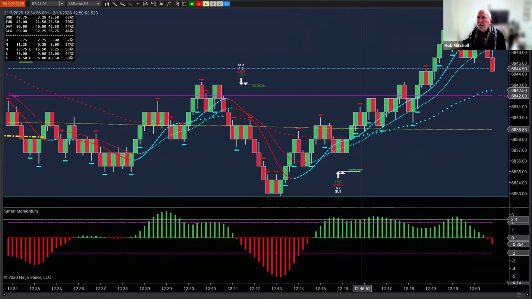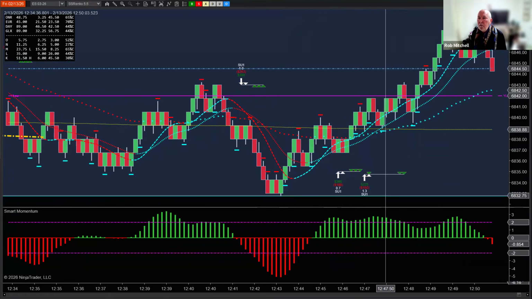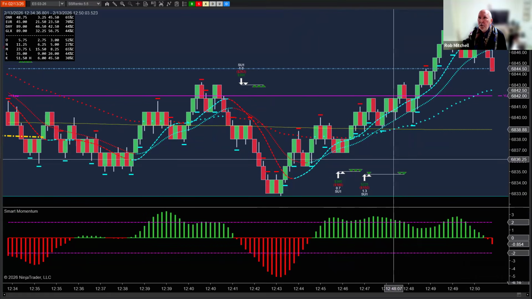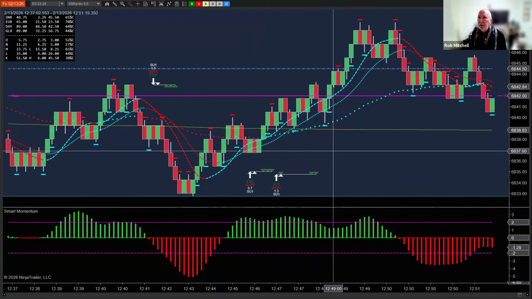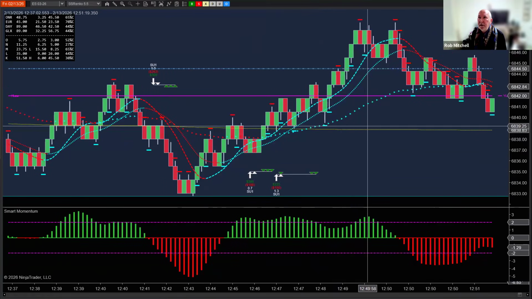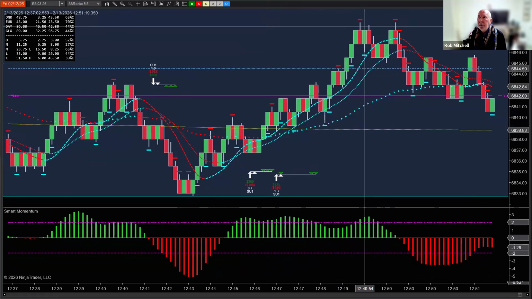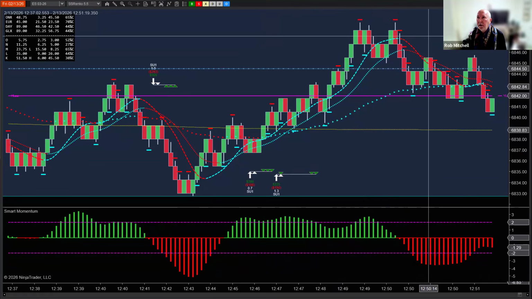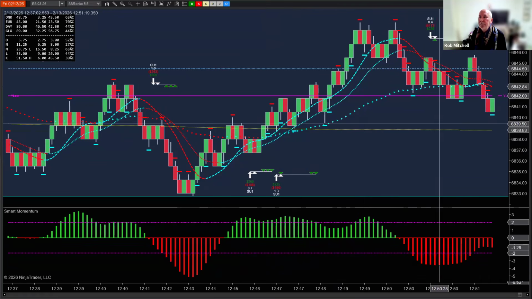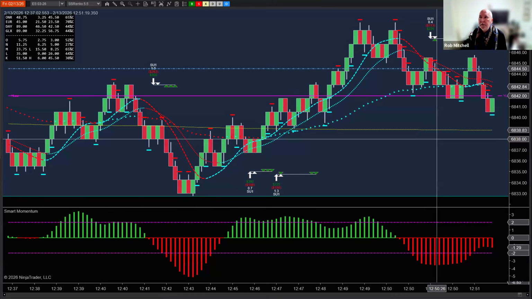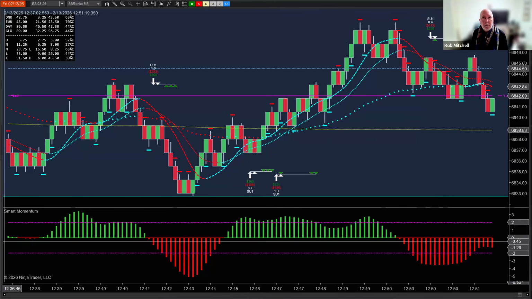You can see this is going higher here. I also like to combine these with order flow metrics and other things, but this is the basic method. Here's the first leg, second leg, third leg. There's a way you can do it. That's the gist of it.